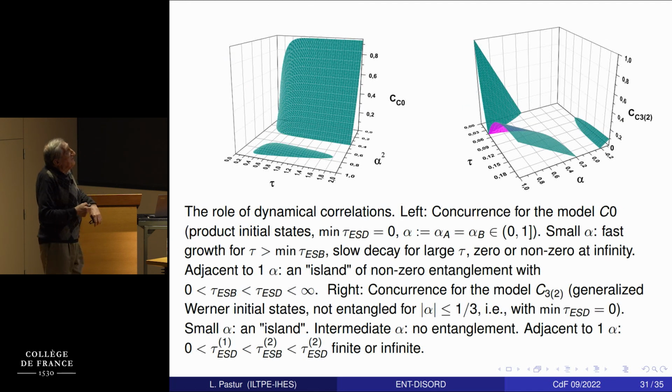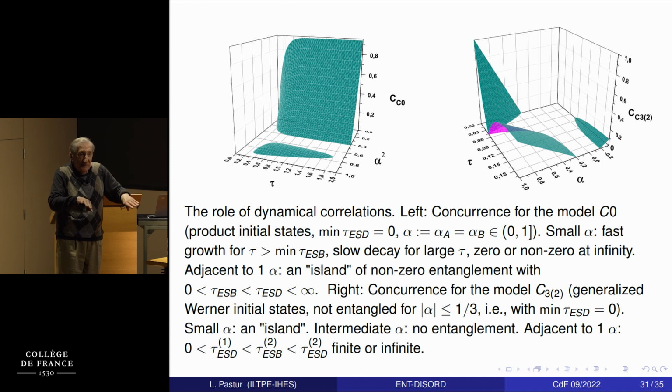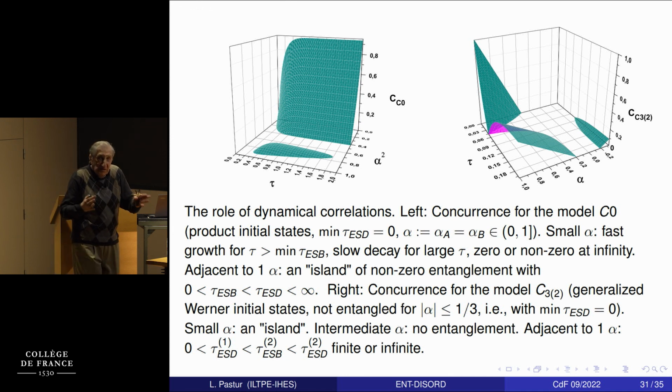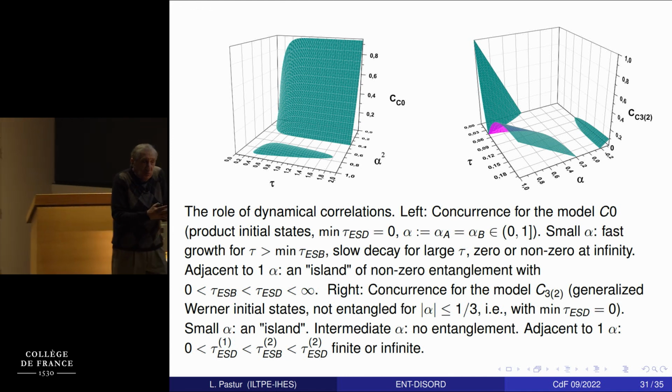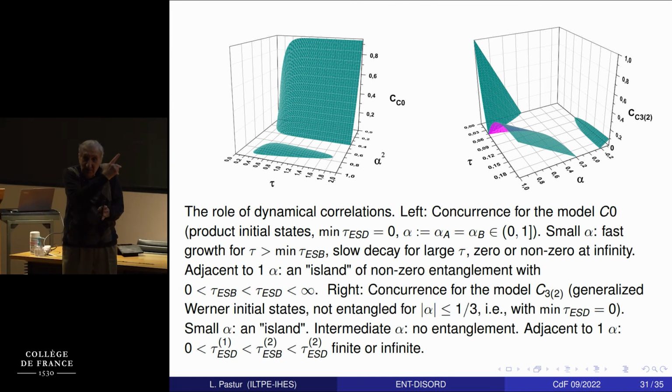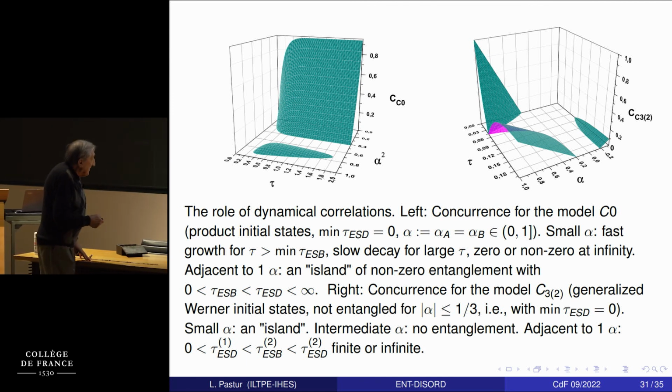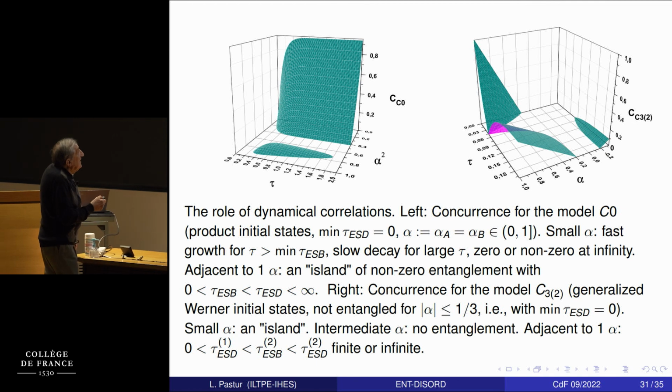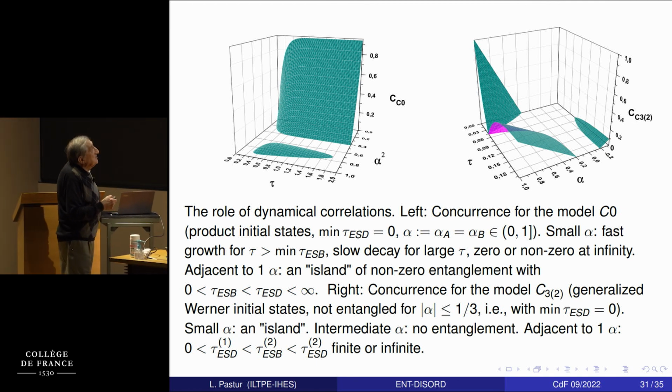So you see, this is condition 0, when at the initial moment there is no entanglement. So your initial conditions correspond to two qubits that are not entangled, unlike the previous case. And of course, because of that, at the initial moment there is no entanglement.